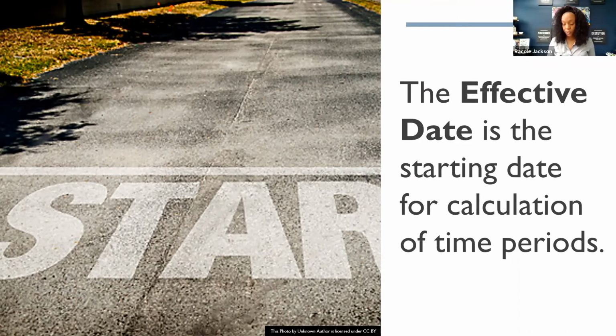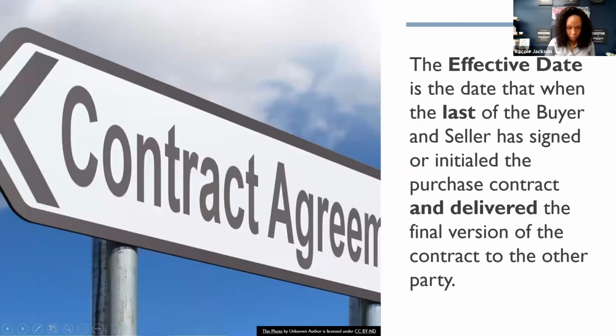And we know from the definition that the effective date of the contract, this is important, this is an important point that you cannot miss, is the date when the last of the buyer and seller has signed or initialed the purchase contract and delivered the final version of the contract to the other party. This is important. It's sign and deliver, not just sign.